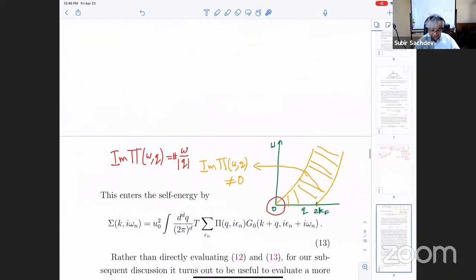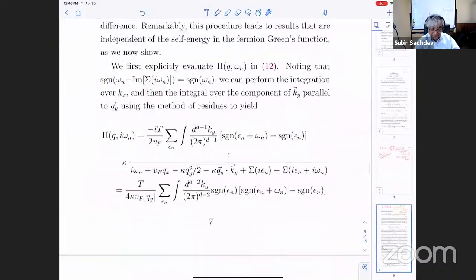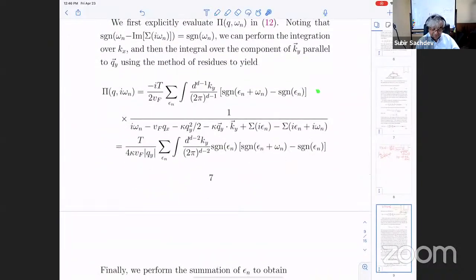So then you carefully work that out, and you get an expression like this, where you get the difference of the poles, and then the numerator demands that the frequencies have opposite signs. So that's already really nice.